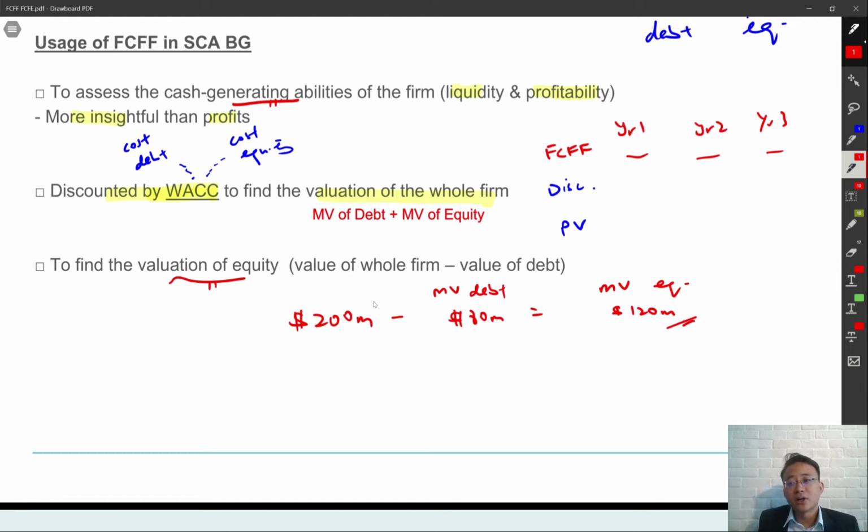Because after all, the value of the whole firm, so here I'll put whole firm, is comprised of these two factors. So this is what we do for free cash flow to firm.